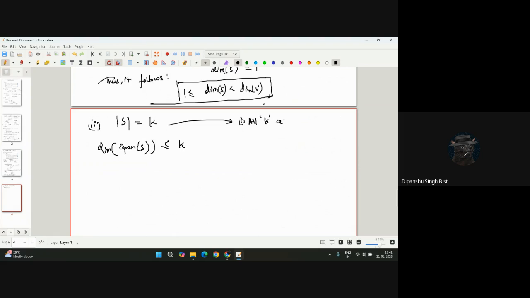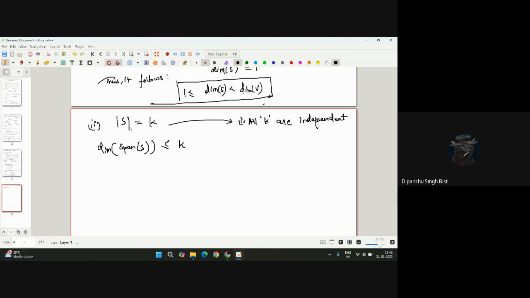If all k are independent, then in that case, dimension is the number of independent vectors that I am having in my span. This is one of the ways to find the dimension, because dimension is basically the cardinality of your basis.